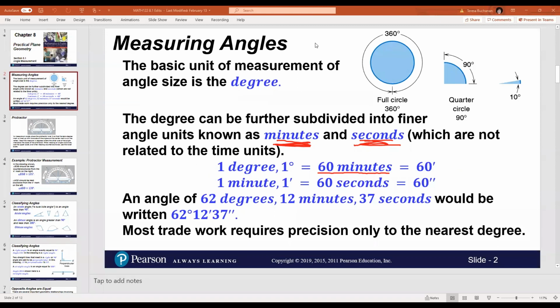So 60 minutes, we would write that this way. If you should ever need to work with this, 60 seconds is in 1 minute, and we write that this way. But for this coursework, most of the problems you'll see don't go any further than degrees and minutes.